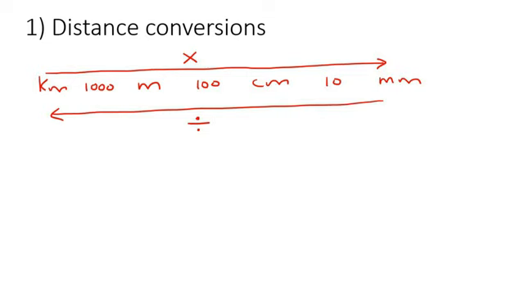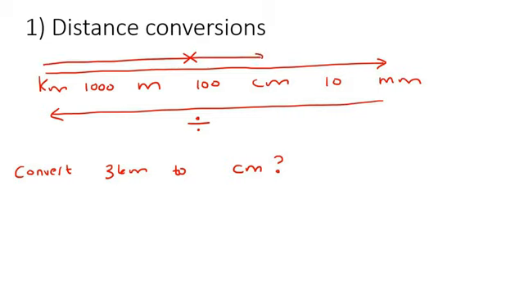Let's convert 3 kilometers to centimeters. What you do is you go to the kilometers and we want to go to centimeters, so we're going to go to the right. Let's see what numbers we get along the way.